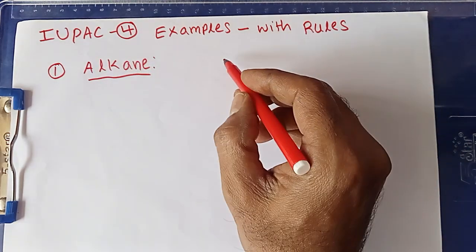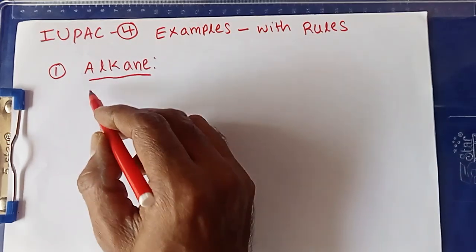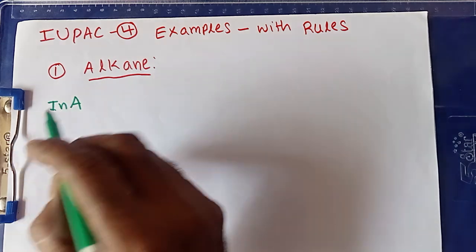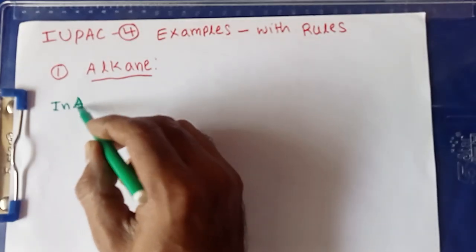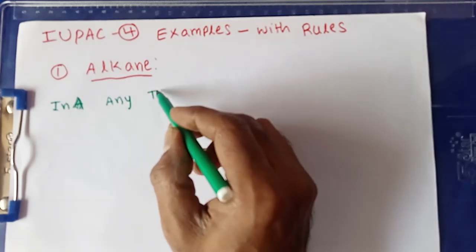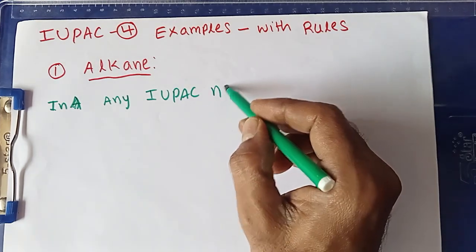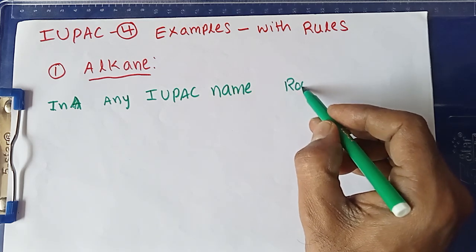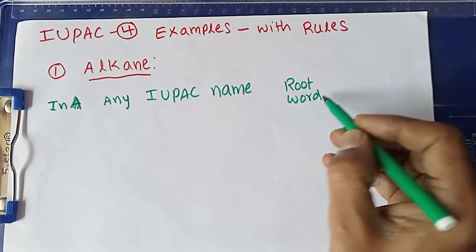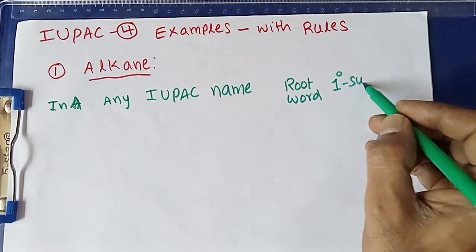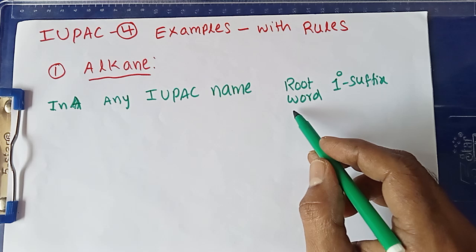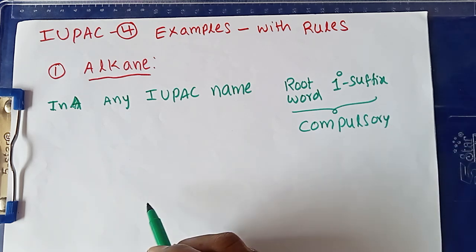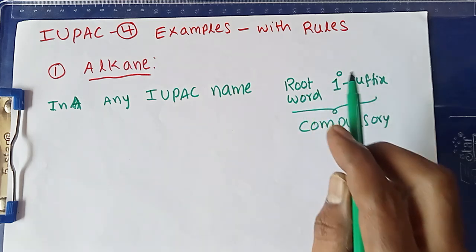Before going to the alkane example, one important point: in any IUPAC name, the root word and next the primary suffix, these two are compulsory. Root word and primary suffix, both are compulsory.